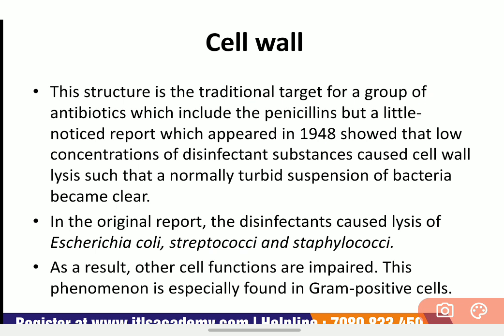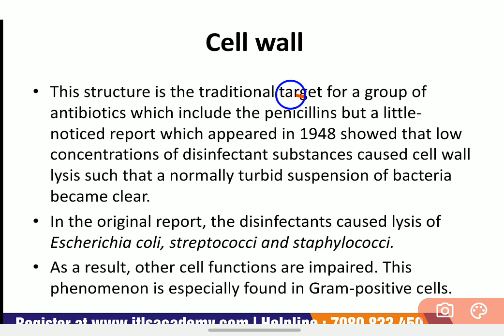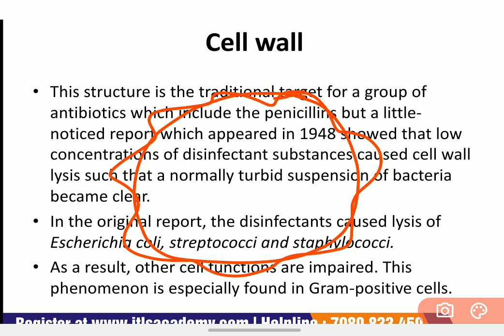First of all, we are going to study the cell wall. What is the cell wall? As we know, the cell wall is the outer covering of any cell, bacteria or any other, and it is also present in plants. It is the hard outer covering of bacteria or plants.